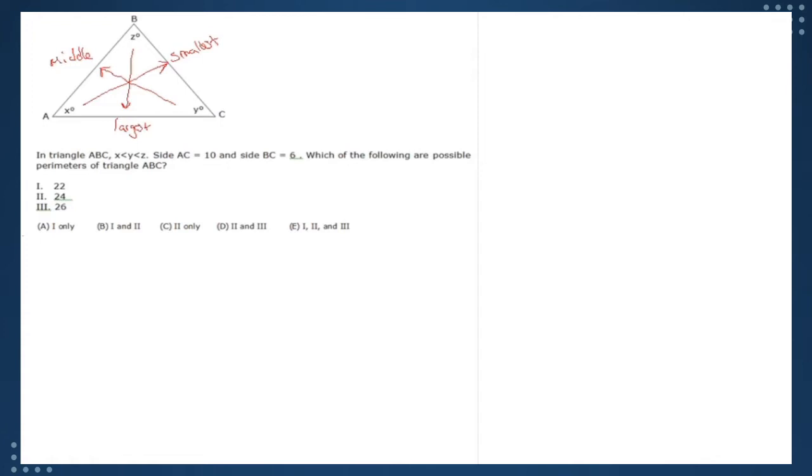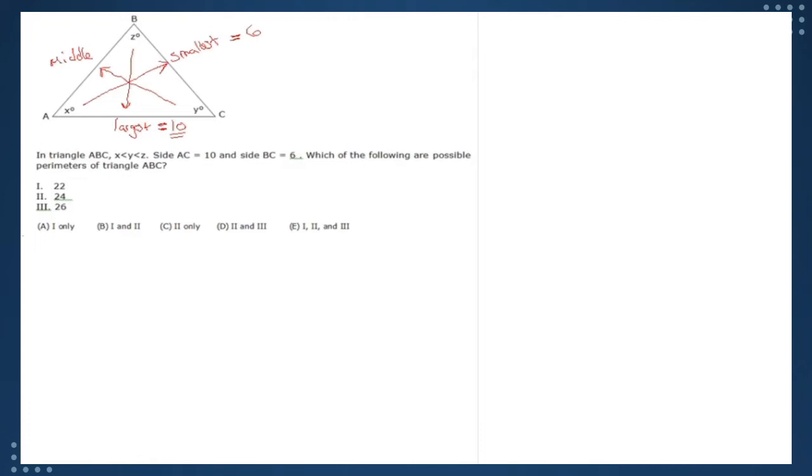So the minute that we know that AC is 10, which corresponds to the largest side, and the minute that we know BC is 6, we know that the middle side has to be between 6 and 10.